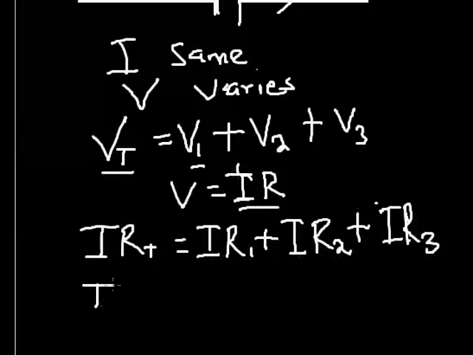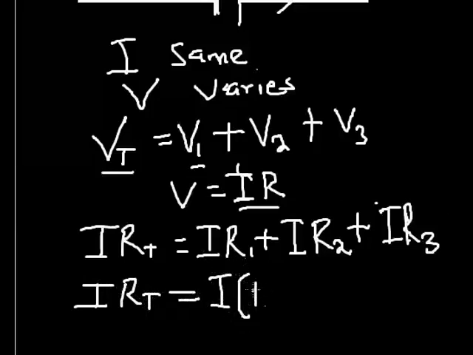So now what do we do? Since I is common, I'll factorize it out. I'll take it out as a factor, then I'll write the other factors inside, which is R1 plus R2 plus R3.